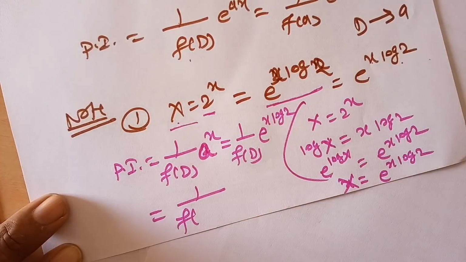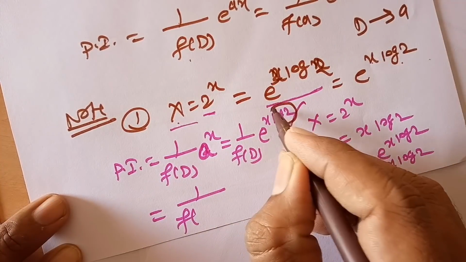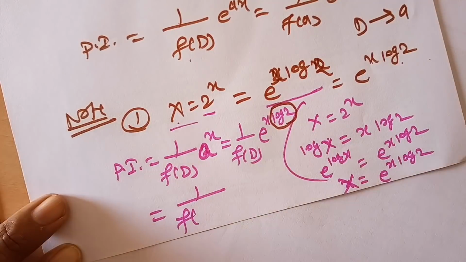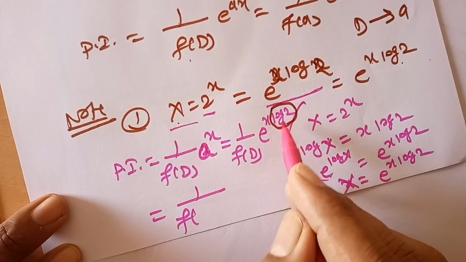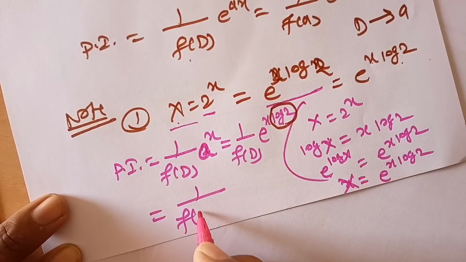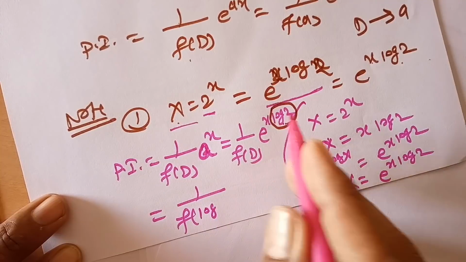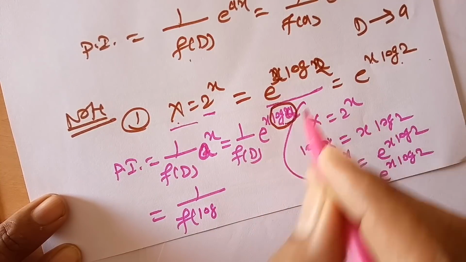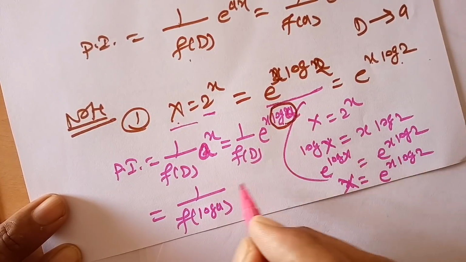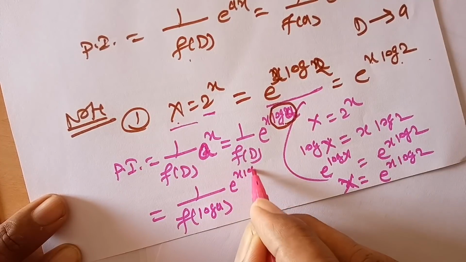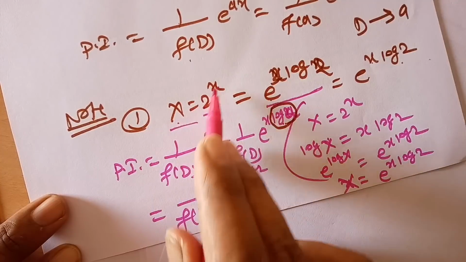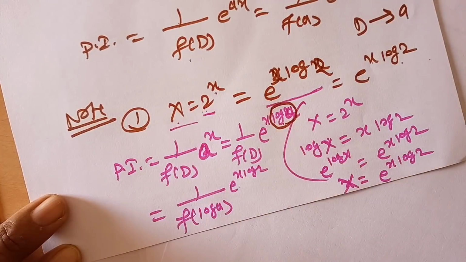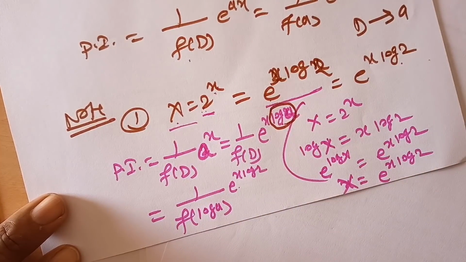Now this part is our constant, and here we can replace D by a. This is just like e raised to power x. Now a here is log 2 or log a, so this is 1 upon f of log a into e raised to power x into log 2. But again, e raised to power x into log 2 we can write as 2 raised to power x or a raised to power x. In this way we can write our PI.